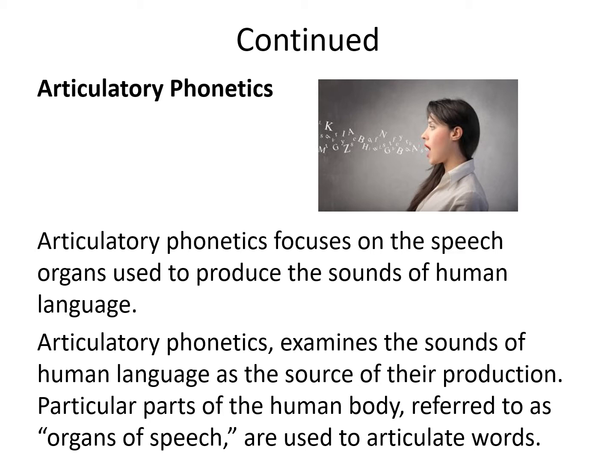As we can see here, we examine the mouth cavity as the focus of our study. These parts of the human body, related to articulatory phonetics, are called organs of speech and are used to articulate words.